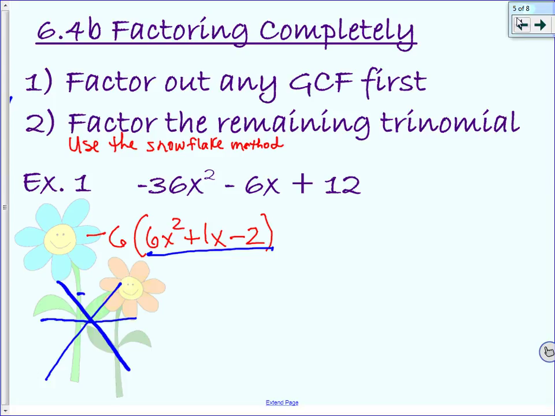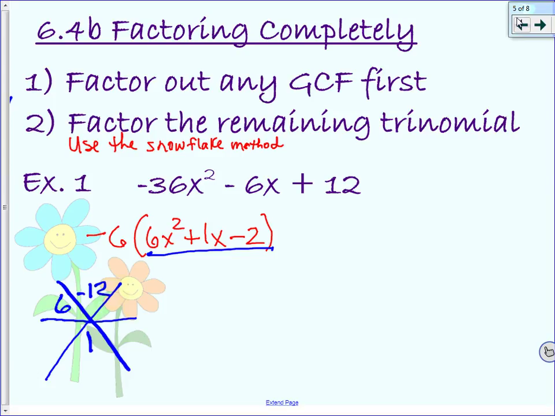Okay, we're factoring this. So what goes at the top of the snowflake? -12. Good. And DJ, what goes at the bottom? 1. And what goes on top of the horizontal line?